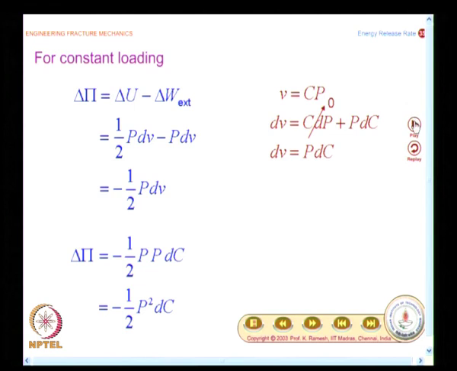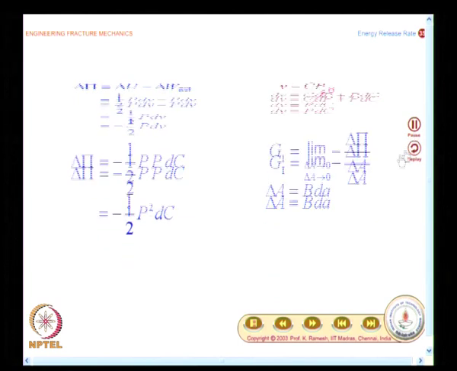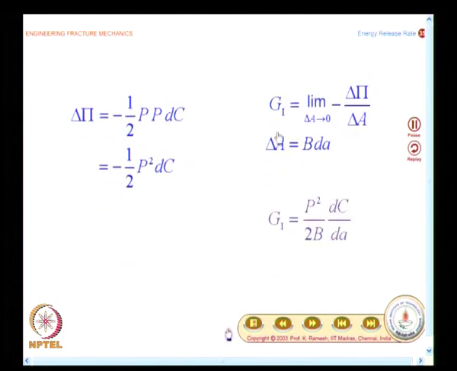So, if I substitute it in the general expression, I get G, in the limit delta A tends to 0, we had that as minus delta pi divided by delta A, and delta A is nothing but B into dA, and we have already derived what is delta pi, and you get the expression for energy release rate as P squared by 2B dC by dA.